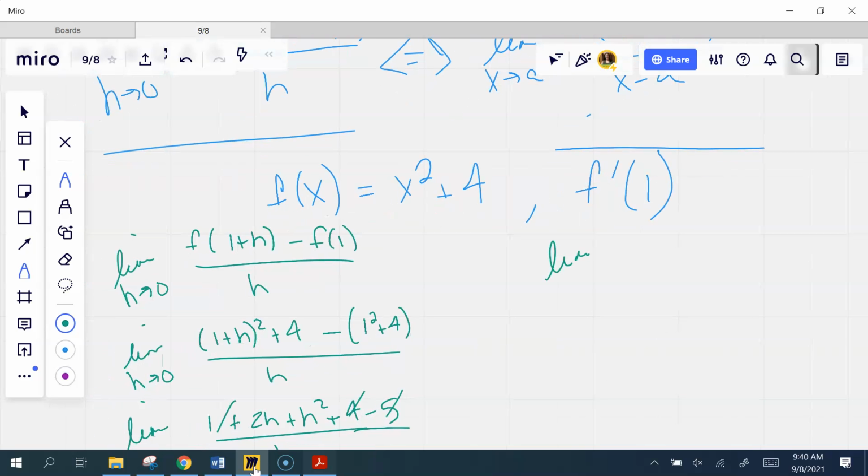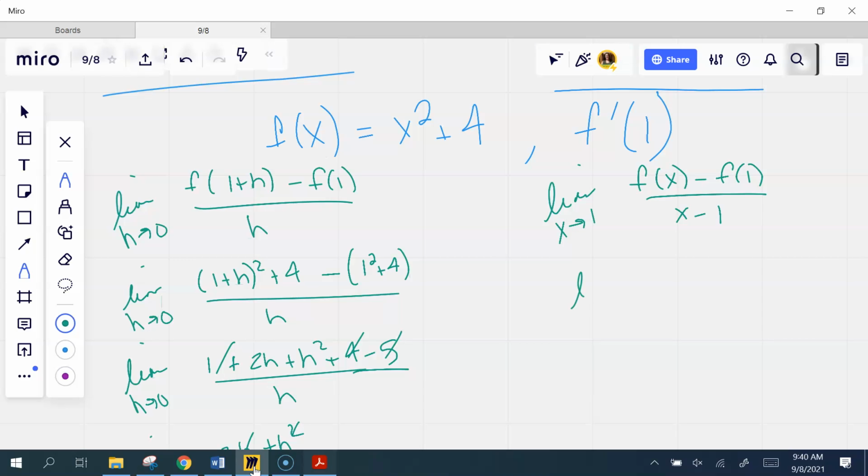This time I'm doing the limit as x approaches 1 of f of x minus f of 1 over x minus 1. So I got the limit as x goes to 1 of x squared plus 4 minus f of 1, which we already know is going to be 5.